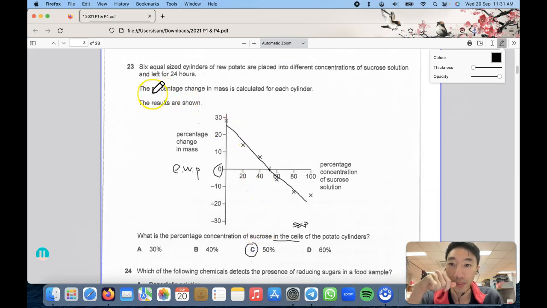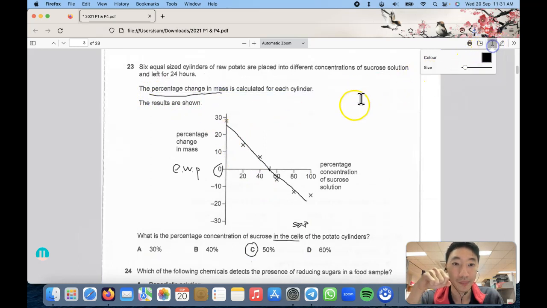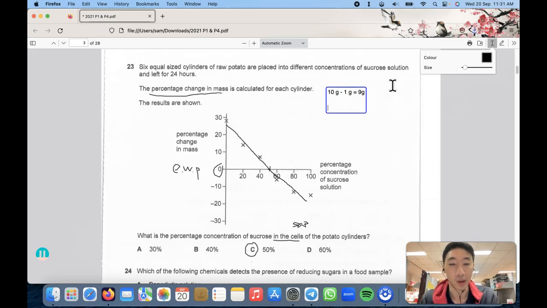Okay, which by the way, I just want to bring up one point here. Do you all know how to calculate percentage change in mass? Okay, so how do you do that? Let's say for example, I have a 10 gram potato, right? And then it has lost 1 gram. So now this potato is only 9 grams. So what's the percentage change in mass? I take the final, which is 9, minus the initial, 10.